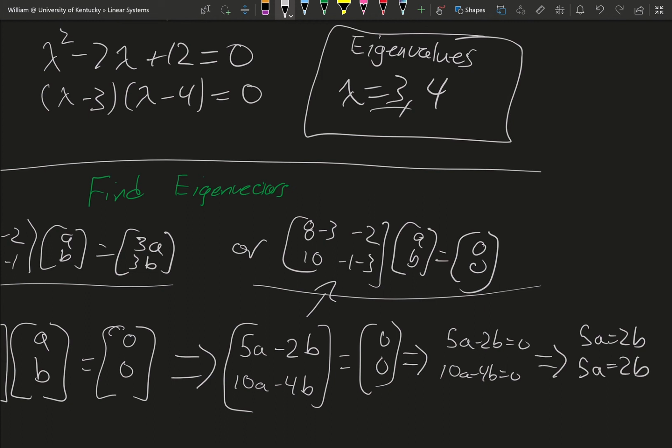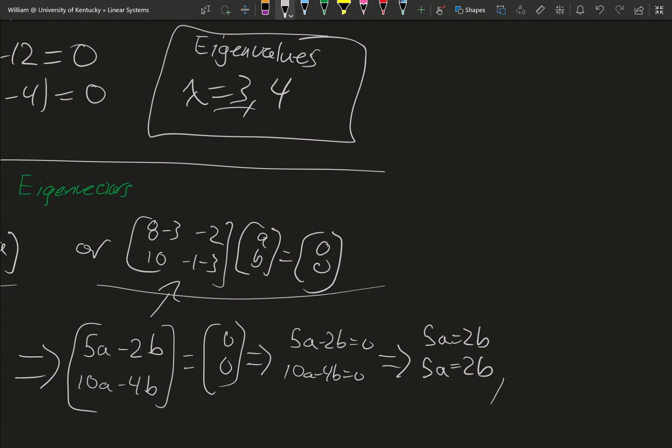We want both equations to cancel out. Usually we only really care about one eigenvector, but that's not always the case. So we can see that (2, 5) is an eigenvector.